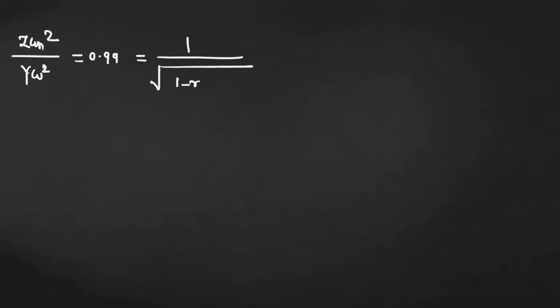So we will take z omega n square upon y omega square equal to 0.99. This is the first value. This is equal to 1 upon the square root of 1 minus r square whole square plus, now the zeta value is given, zeta is equal to 0.7, so 2 into 0.7 into r whole square. Now we have to simplify this equation, so we can square both sides.